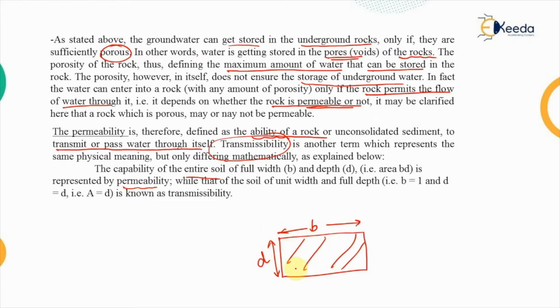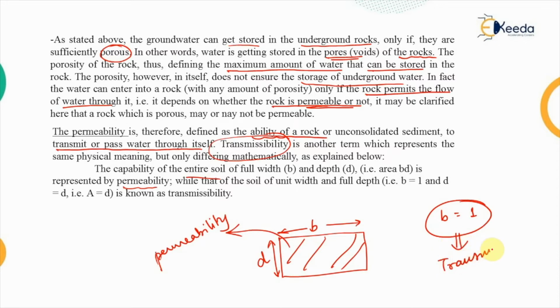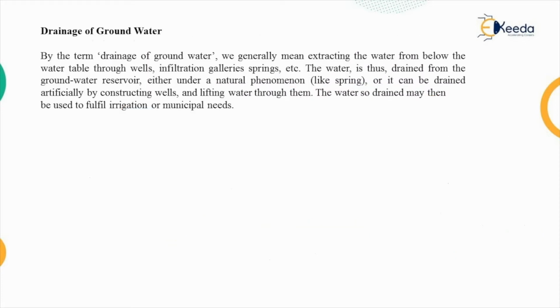So if we are talking for the entire area, that will be representing the permeability. But if we are taking one of the dimensions as unity, then the term that is representing the water flow is known as the transmissibility.